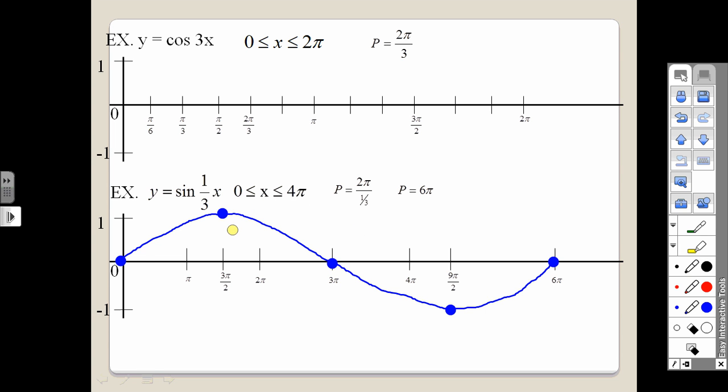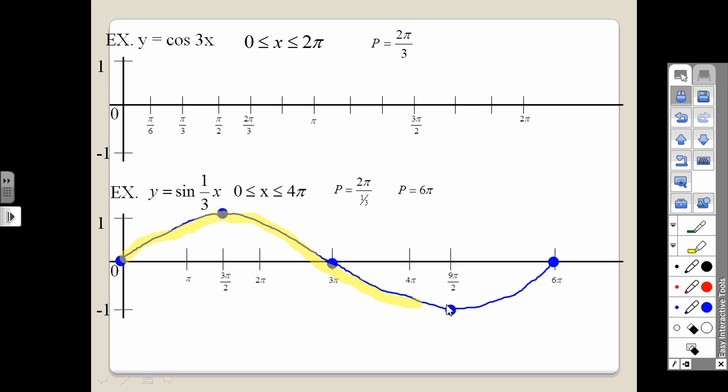And then if you wanted to, you can just take a highlighter and highlight as far as we needed to go, which means that we stop right here, and say that this is just the graph that we need. Or you could erase this part if you wanted to. You can do whatever you want. But I need to know that 4 pi, this number right here, that's as far as you needed to go. Okay, so you cut it off somehow, either highlight it or erase it or something.